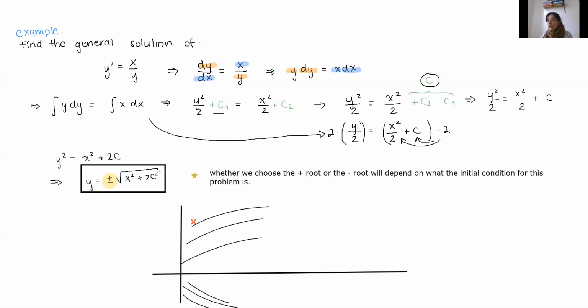No, this is going to be an arbitrary value, so you could also label this as d, for example, and then your solution would be y is equal to plus or minus the square root of x squared plus d. So it's completely possible to just label it like that.